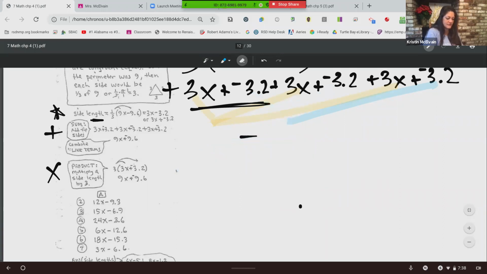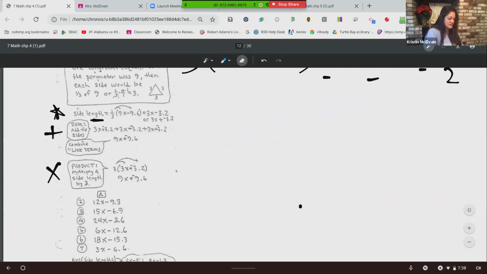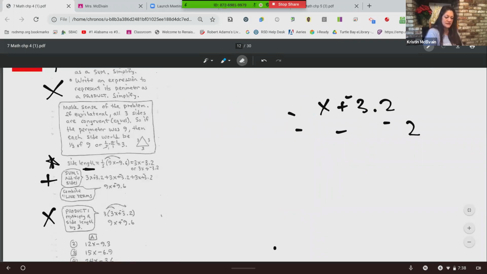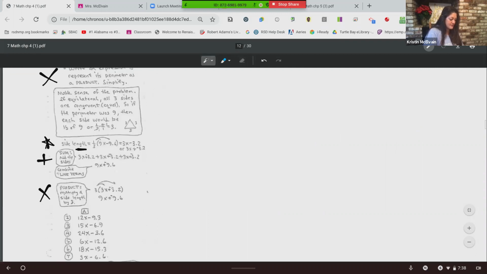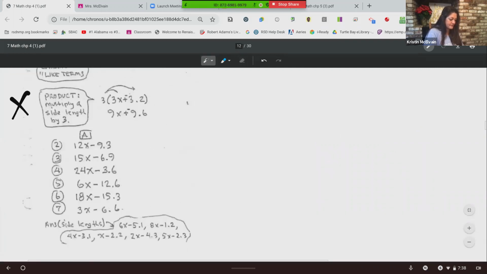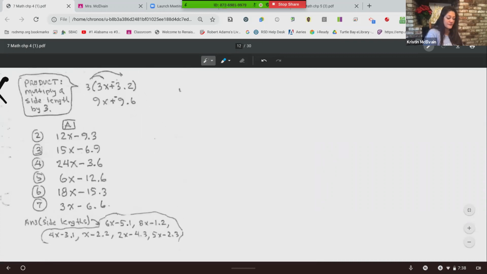Erase all of these scribbles here. The first thing that we're going to do for each of these is multiply it times 1/3, so dividing everything by 3, and that gives us the side length.